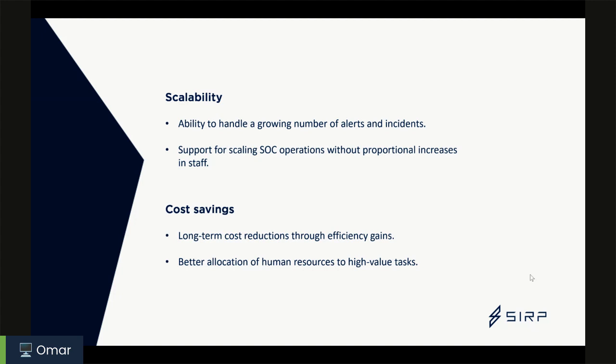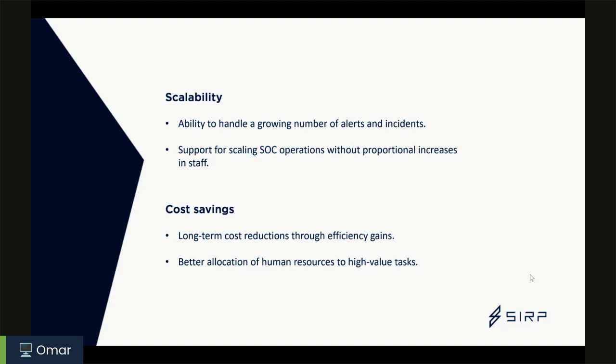Automation can process and analyze large amount of data quickly, ensuring no alerts get unnoticed. Automation supports the scaling of SOC operations efficiently as the organization grows and threat landscape evolves. The security operations can expand seamlessly to meet new demands.